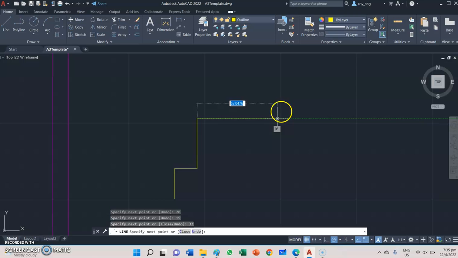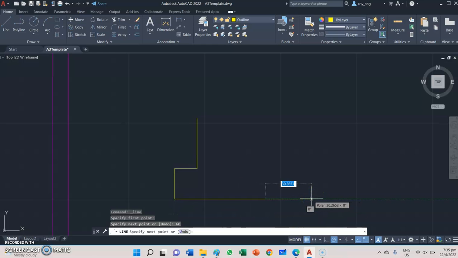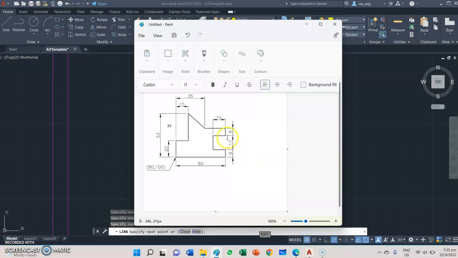So let's see. Press escape, and I start my line command again, and it's 60, and it goes up by 9. Enter. And it goes in by 15. Enter. And this part here goes up by 17, 15, and 9.